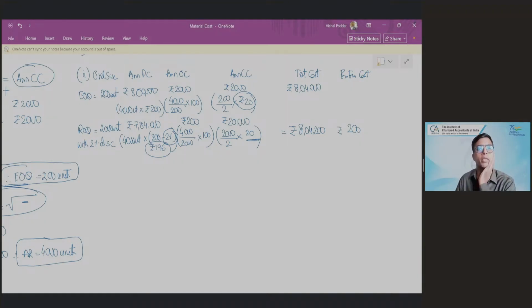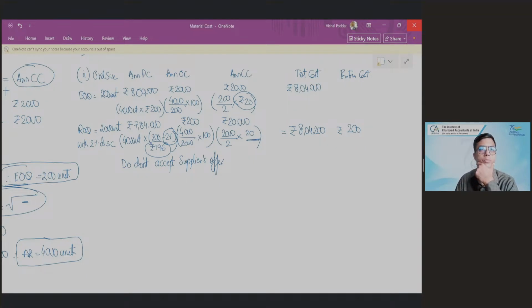So my answer would be do not accept the supplier's offer. Right, students? Do not accept the supplier's offer.